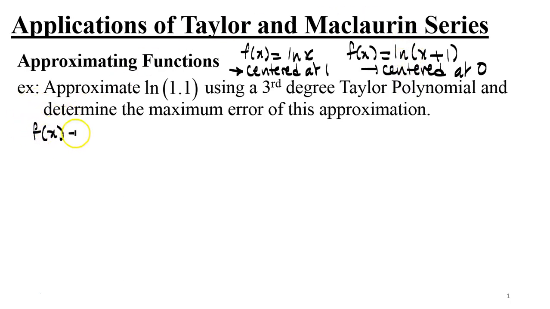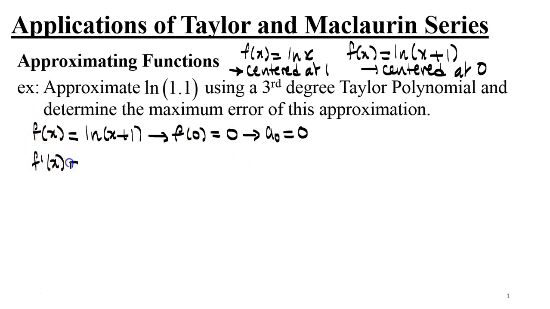So if I go for f of x equals ln of x plus 1, f of 0 is ln 1, which is 0. So your first coefficient of the Taylor polynomial is 0 over 0 factorial, which is 0.